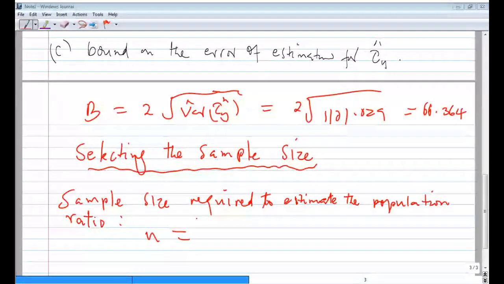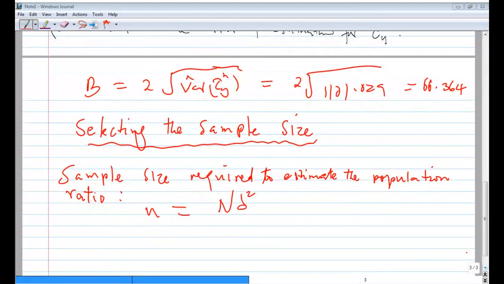n equal to population size times the population variance under ratio estimation, divided by N, which is the population size, times D plus the variance, where in this case our D is equal to, remember, we're estimating the population ratio.